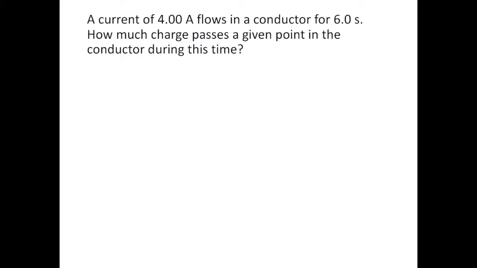All right, another example. A current of 4 amps flows in a conductor for 6 seconds. How much charge passes a given point in the conductor during this time? All right, so you're told current equals 4 amps, time equals 6 seconds, and Q equals question mark.